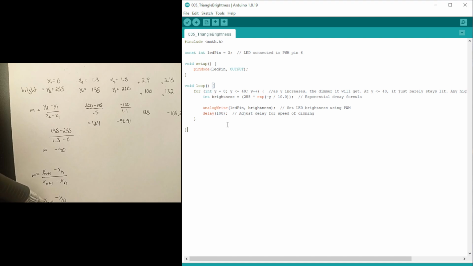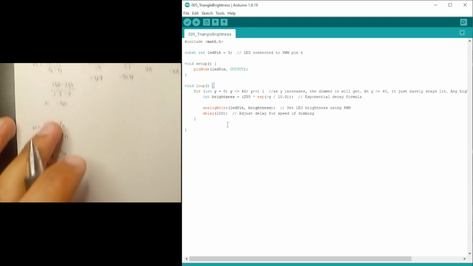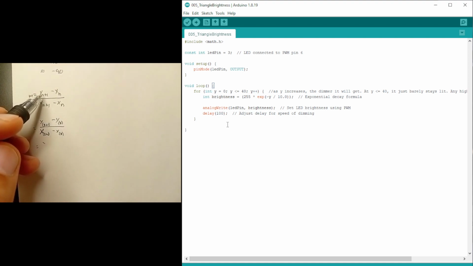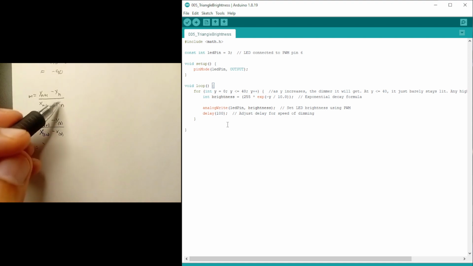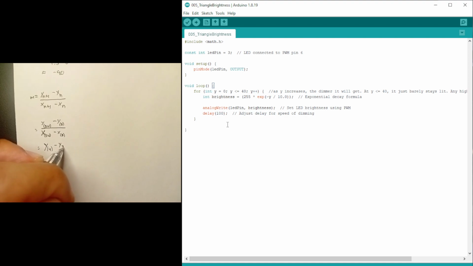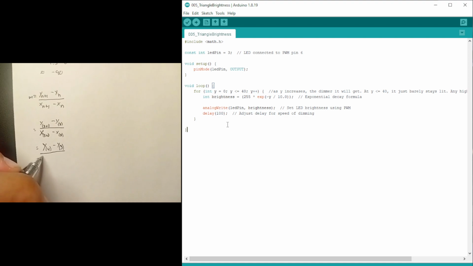It should be clear that this simplifies. If we substitute 3 into the equation, we get 3 plus 1 and 3, and similarly 3 plus 1 and 3. Simplifying those numbers further, 4 minus y3 over 4 minus x3.